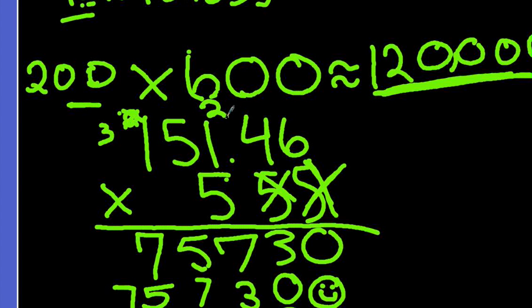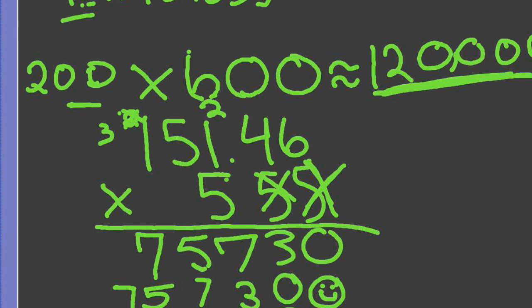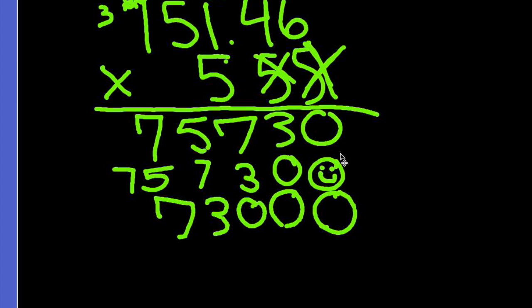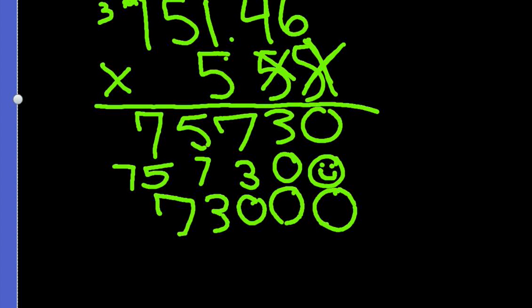Next, we're going to do 5 times 1, which is 5, plus 2 equals 7. And then we're going to do 5 times 5, which is 25.